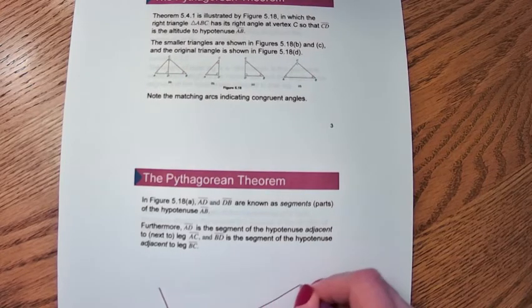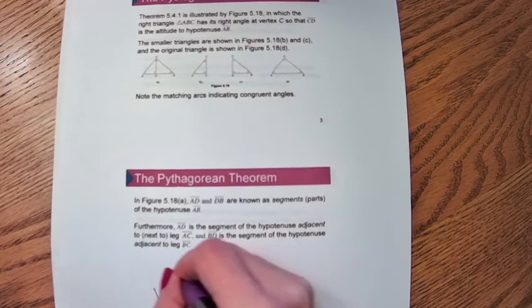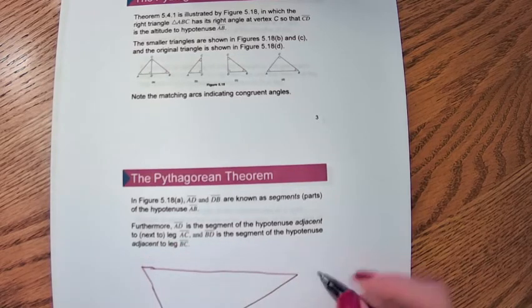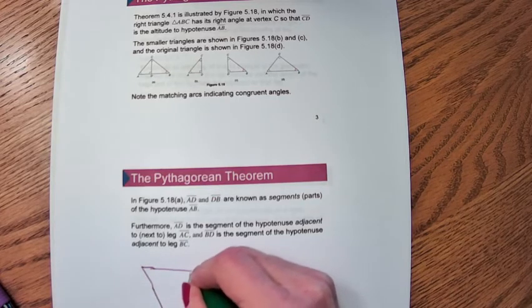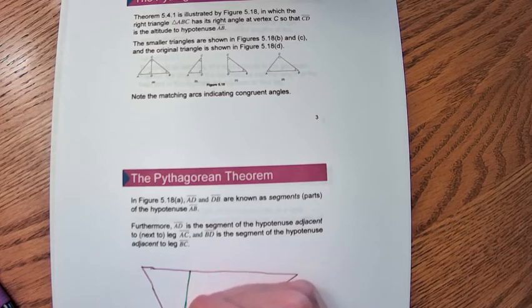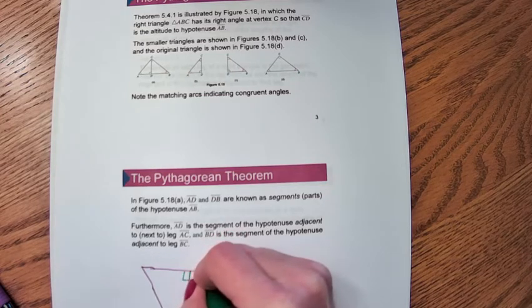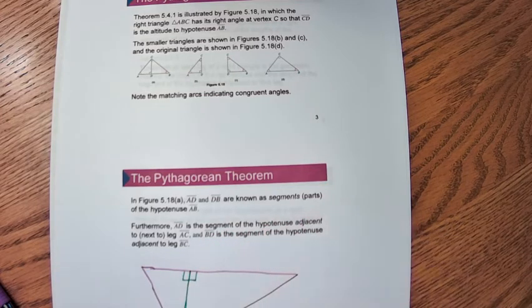Let's talk about if we have a right triangle. Here's a right triangle, and let's draw an altitude to the hypotenuse. Altitudes are by definition perpendicular. So we know in the original triangle this is the hypotenuse.